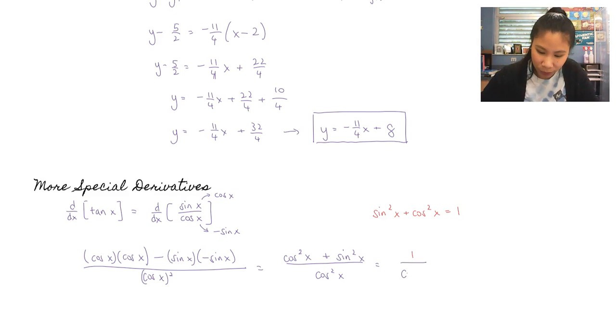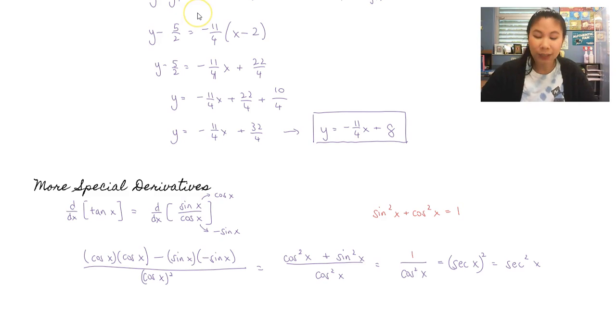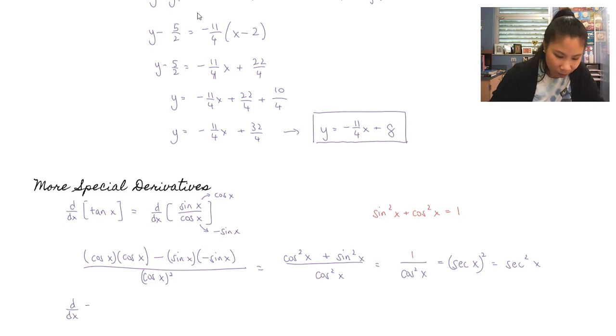And on the bottom, we have cosine squared. Well, 1 over cosine is just secant. So this ends up just being secant squared. So that means the derivative of tangent is just secant squared.